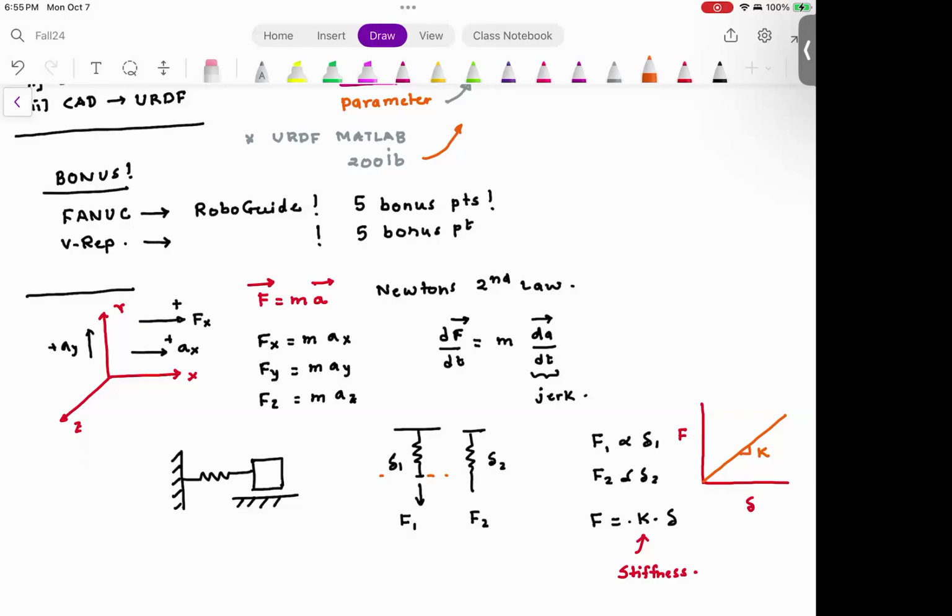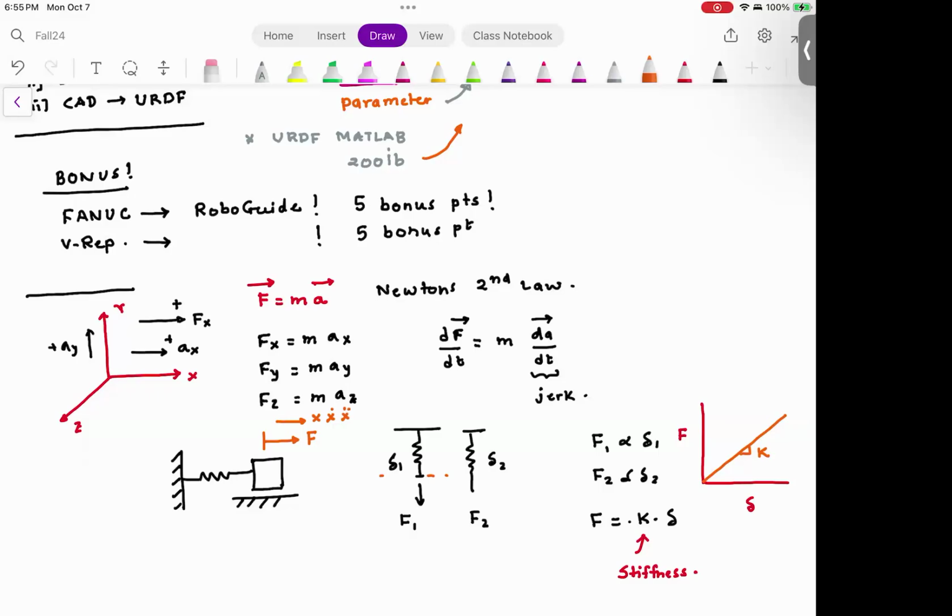Everyone understood this? Okay. Now I'm going to apply the force in this direction. So displacement is going to be in this direction. Velocity is going to be in this direction. Acceleration is going to be in this direction.